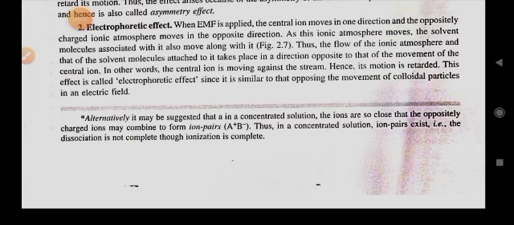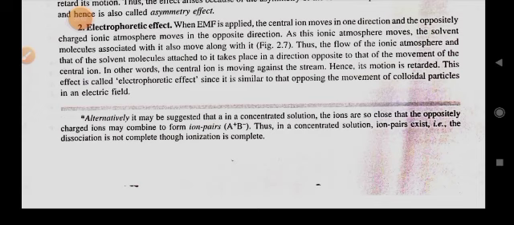Electrophoretic effect. When EMF is applied, the central ion moves in one direction and the oppositely charged ionic atmosphere moves in the opposite direction. As this ionic atmosphere moves, the solvent molecules associated with it also move along with it. Thus, the flow of the ionic atmosphere and that of the solvent molecules attached to it take place in a direction opposite to that of the movement of the central ion.